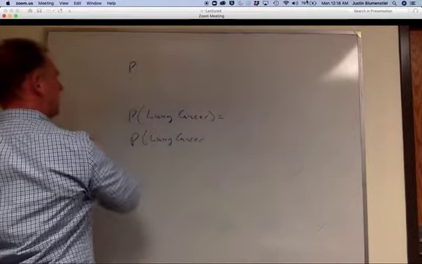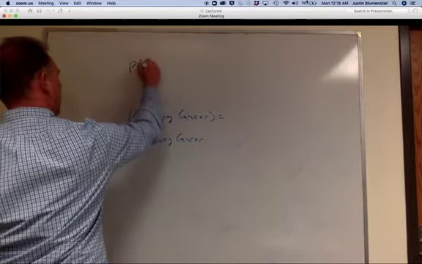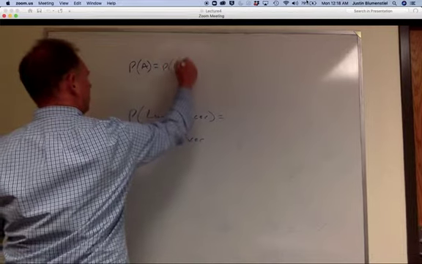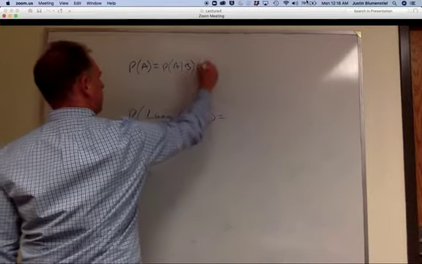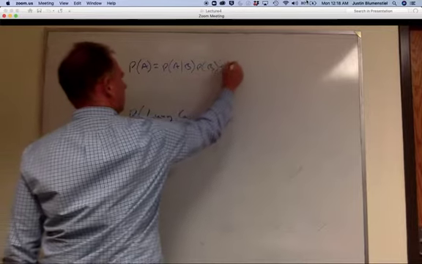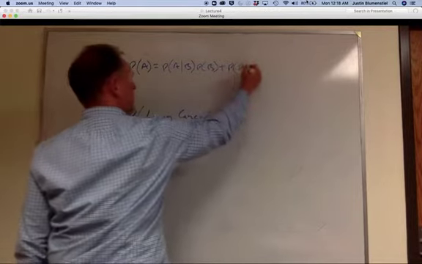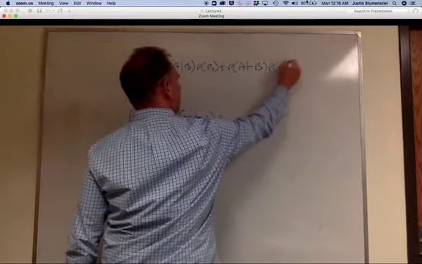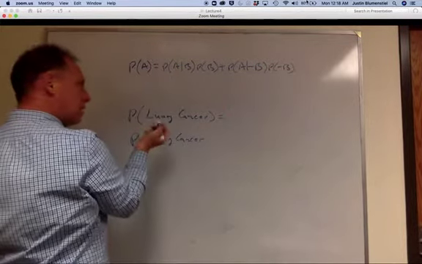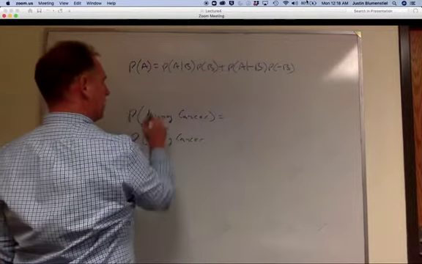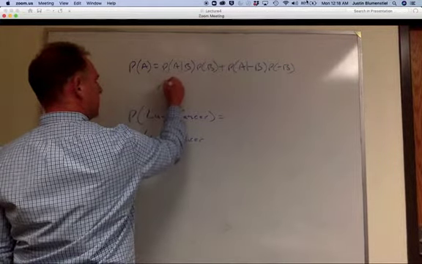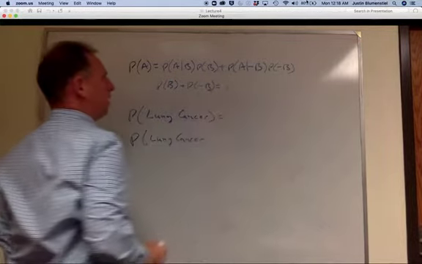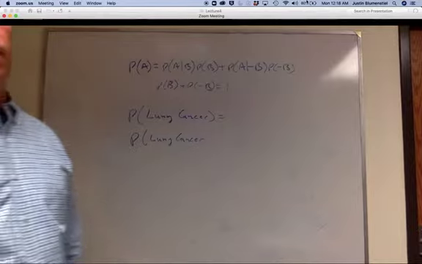The probability of A is equal to the probability of A given B times the probability of B, plus the probability of A given not B times the probability of not B. Because the probability of B plus the probability of not B is equal to 1, and those are certainly mutually exclusive.